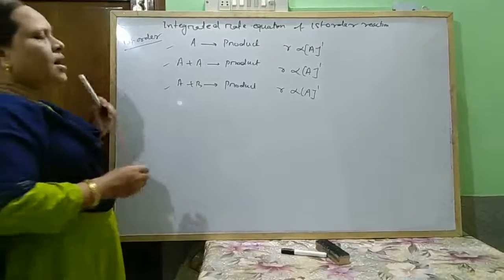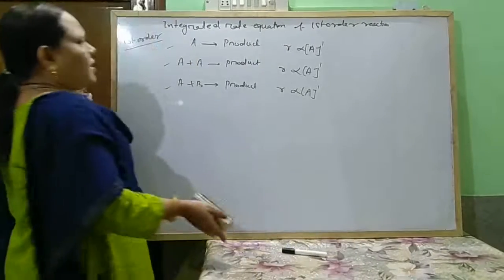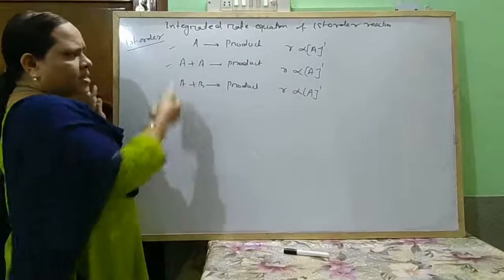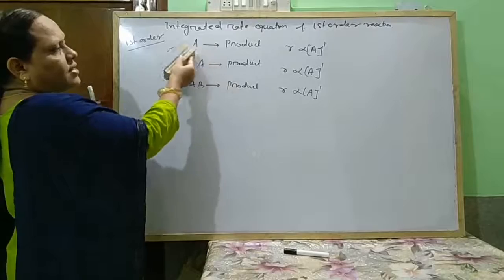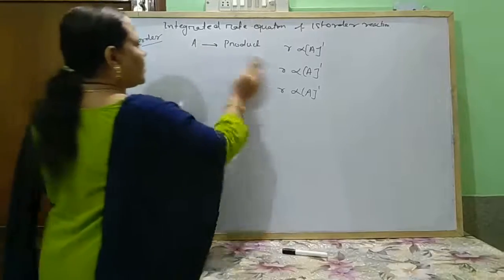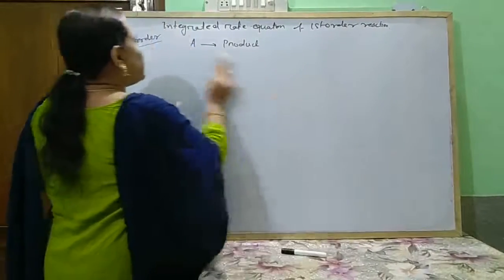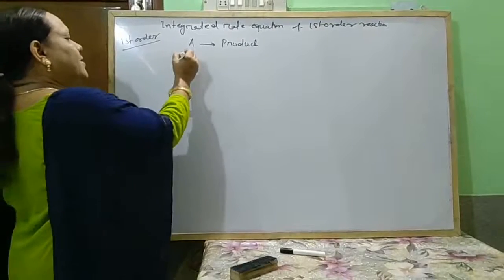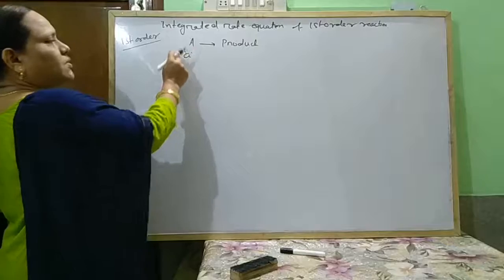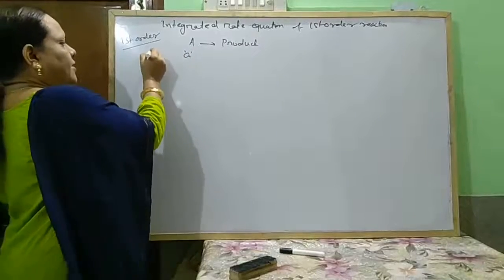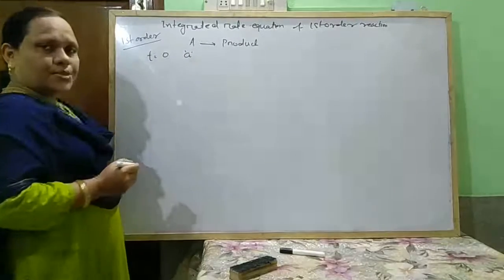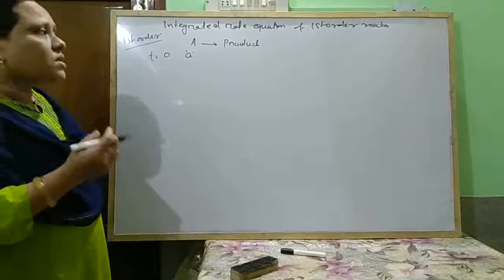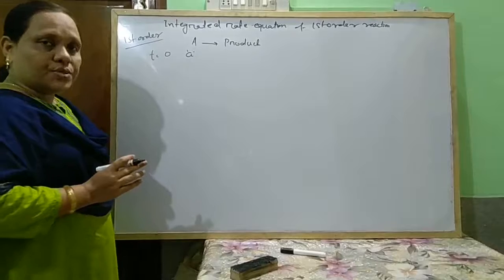Now let us consider a first order reaction where A gives rise to product. Initially we start with a moles per liter of A when time t equals 0, and after some time t, suppose x moles per liter of A is consumed.